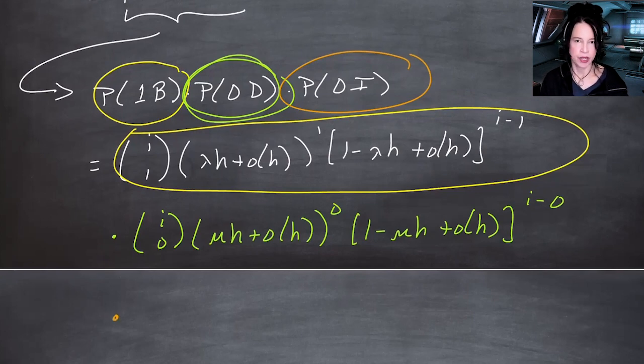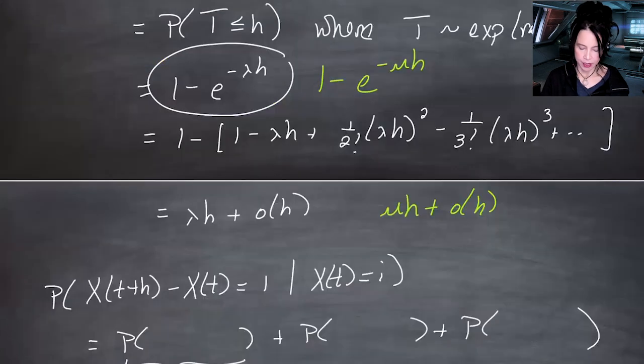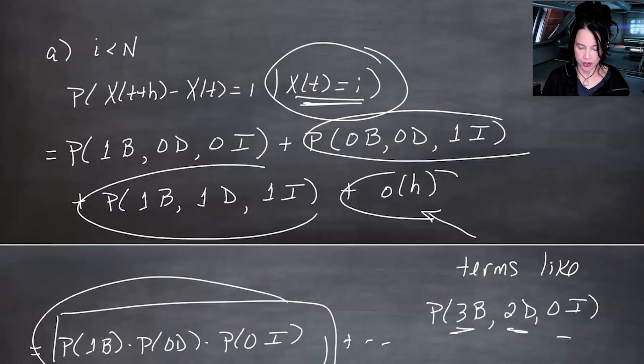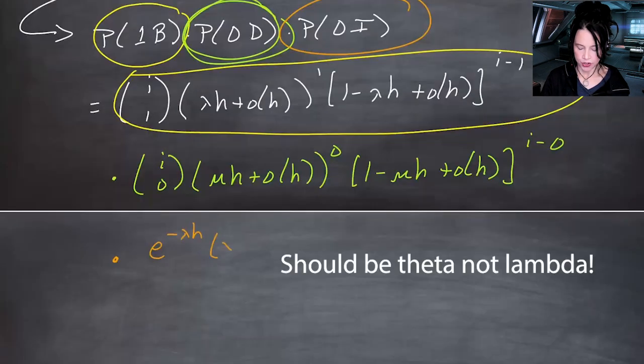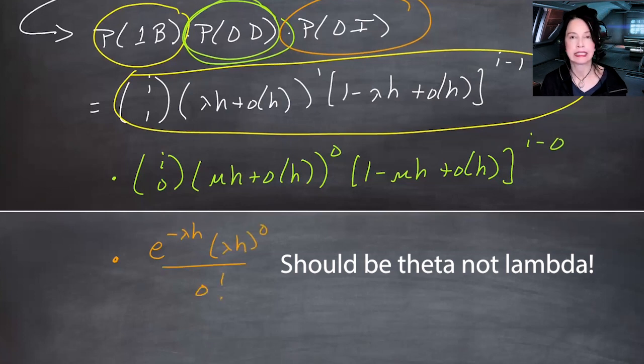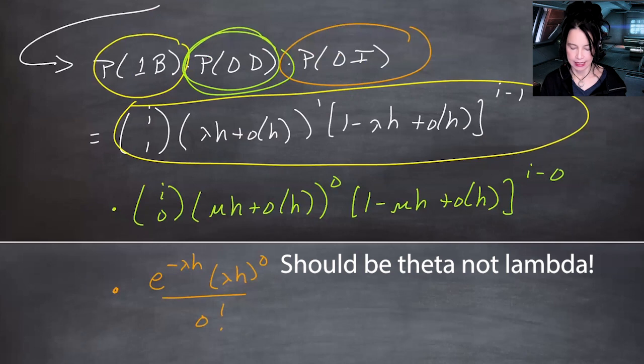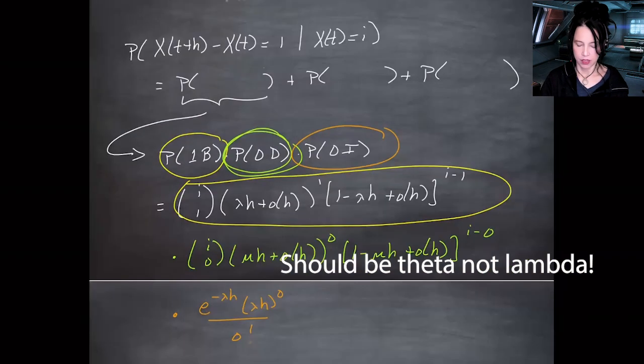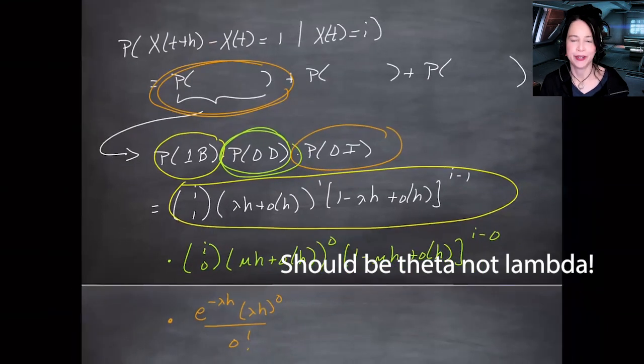The term I'm about to write is the probability of 0 arrivals in a Poisson process with rate theta in an interval of length h. This is going to be e to the minus lambda h to the 0 over 0 factorial. So that is one term out of the 3 we need.